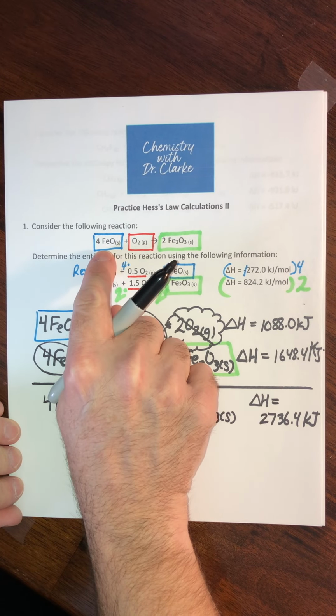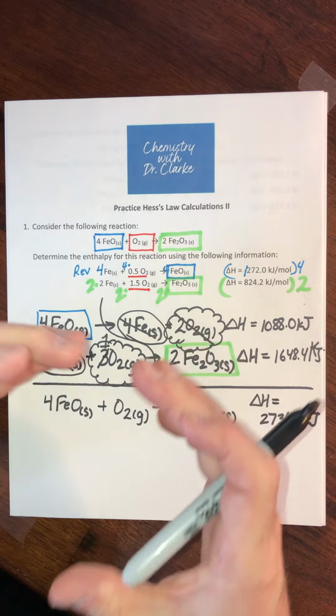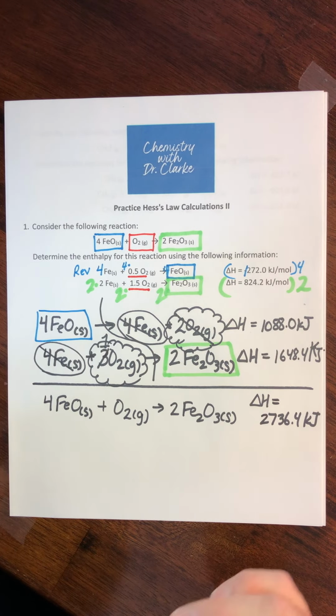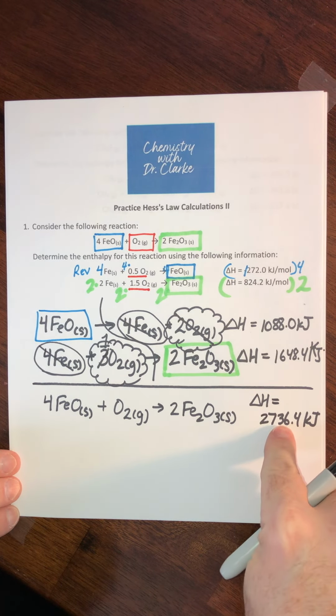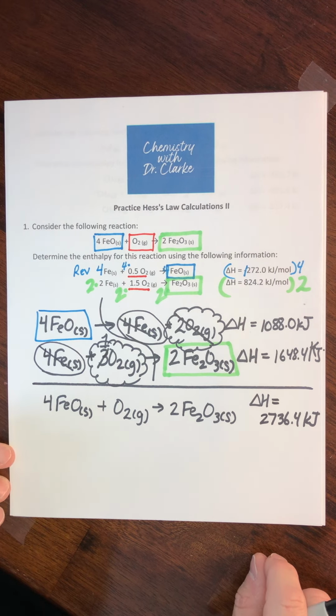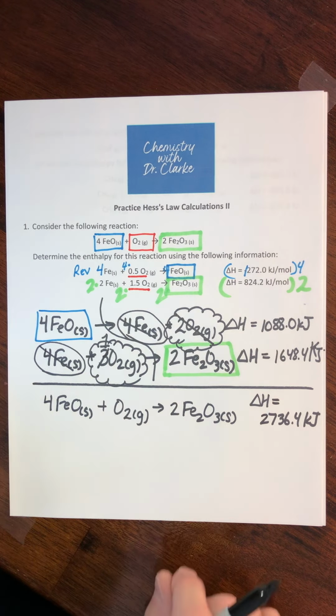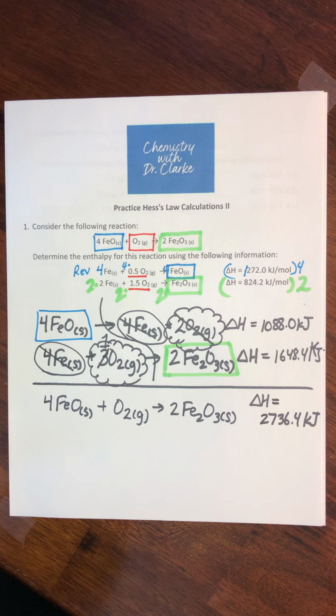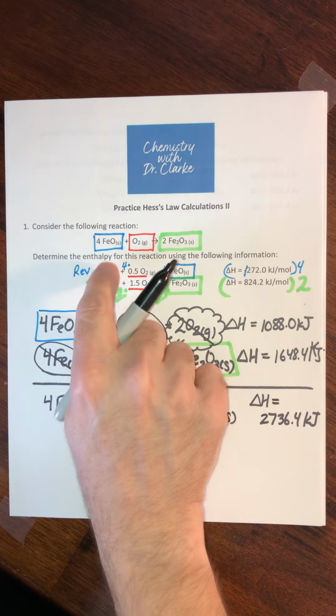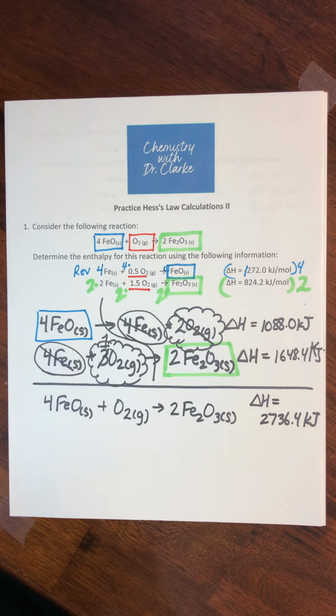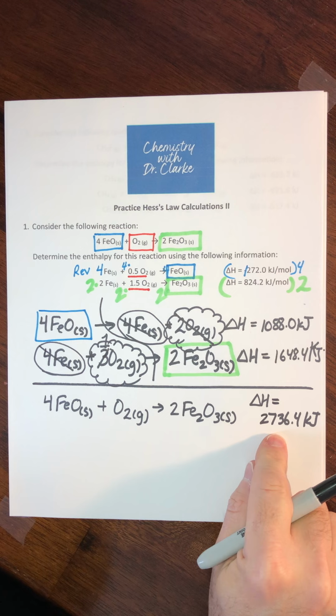Why didn't I just put some iron 2 oxide and oxygen in a calorimeter and directly measure the heat or the enthalpy change that goes with it? For this particular problem here, slowness would be an issue. If you put the iron oxide and oxygen together into your calorimeter, it's potentially a slow reaction. The other issue is that the delta H here is extremely big, but it's also extremely positive.